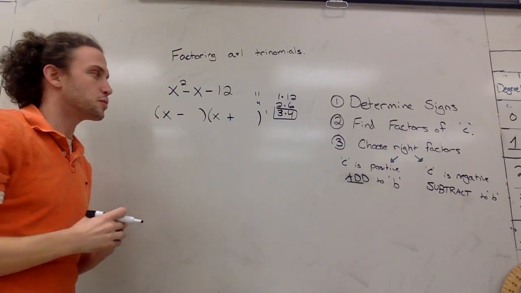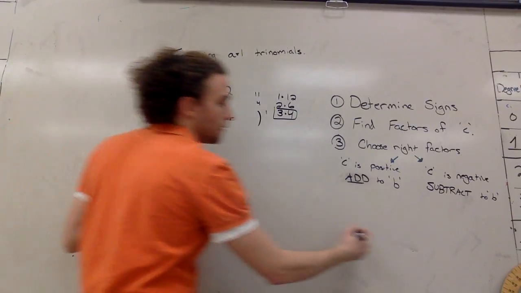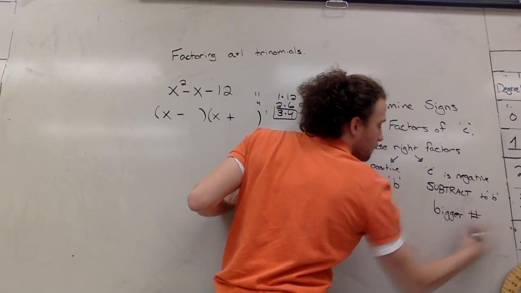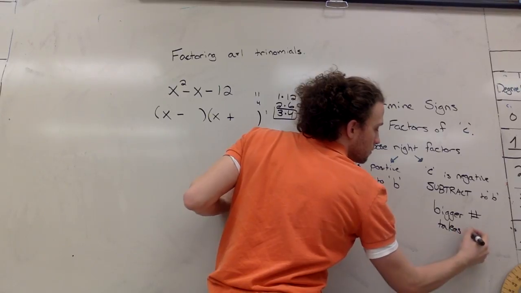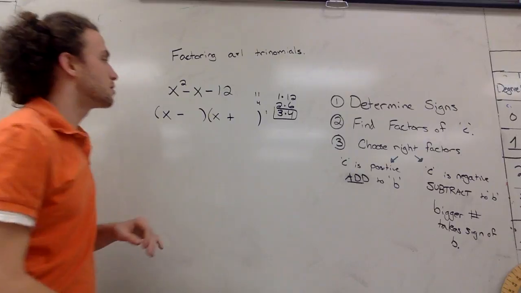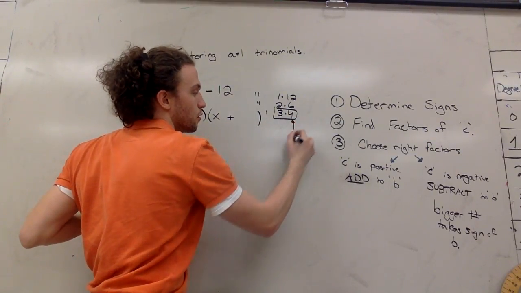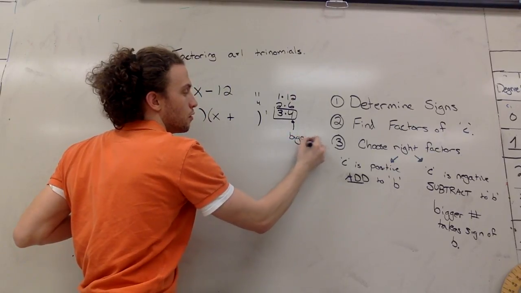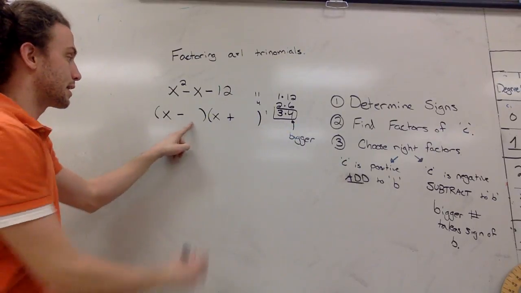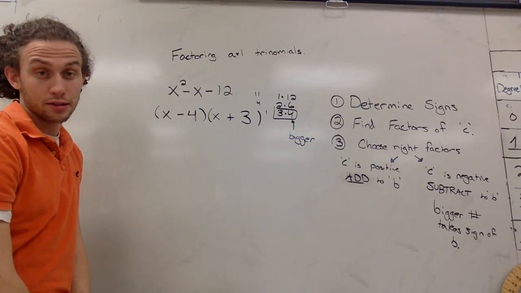So the way we take care of that is the bigger number takes the sign of B. What that means is the bigger number here, in this case of 3 and 4, is 4. And my B here is negative, so this 4 has to be negative. And this 3 then, by default, would be positive.